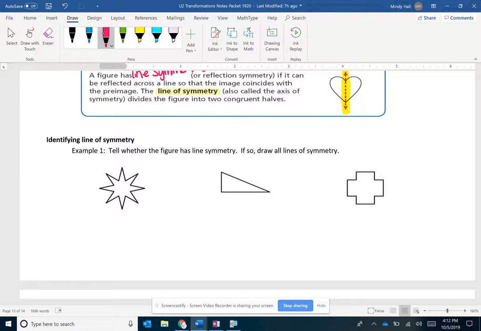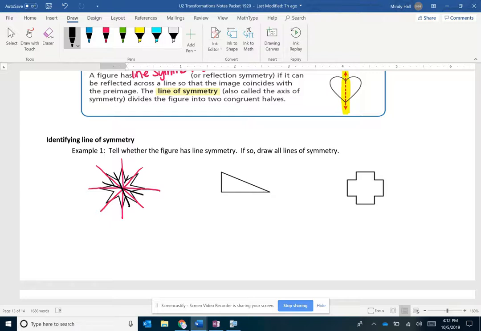So starting with this little starburst, I can go through all of the high points and it will make it a symmetrical shape, or cut, if you want to call it that. And so I have 4 of those right off the bat just by looking at the high points. But I can also look at these low points, and with those low points, that also makes it symmetrical.